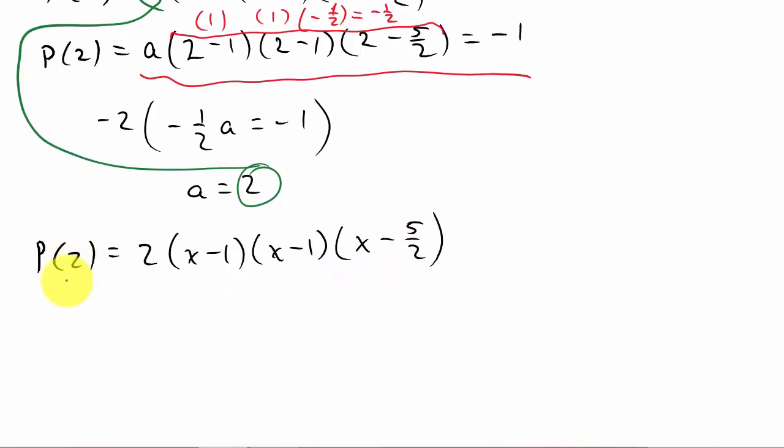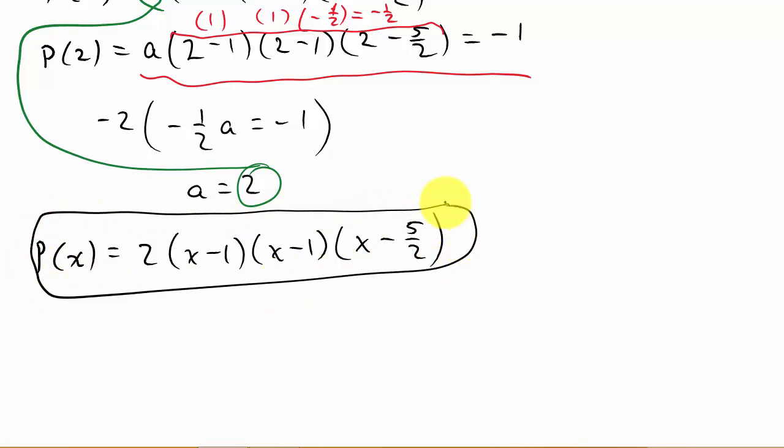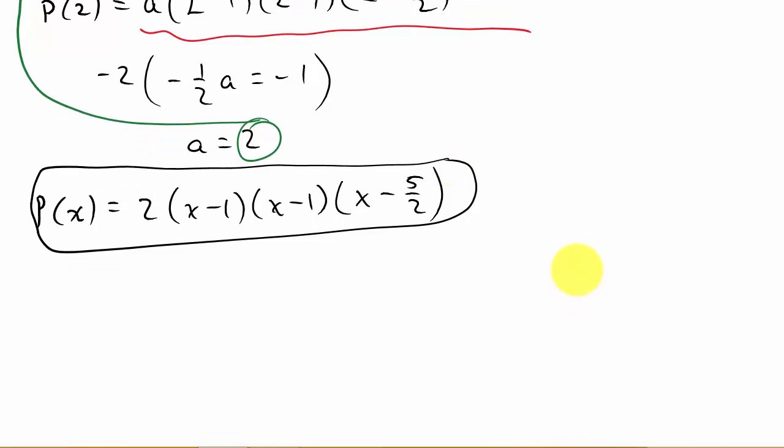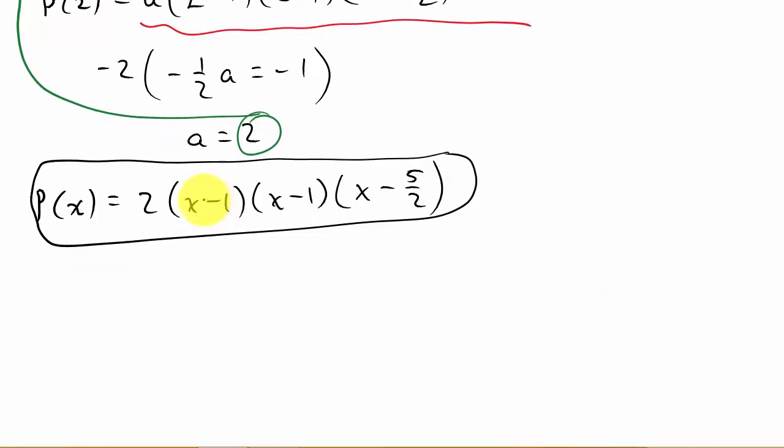I'm sorry, that should be an x. So this is my polynomial, and notice I haven't multiplied it out. Well, you can multiply it out. Your teacher might want you to multiply it out. So let's go ahead and multiply this out so you can see it if you need to. If not, you can stop the video here.